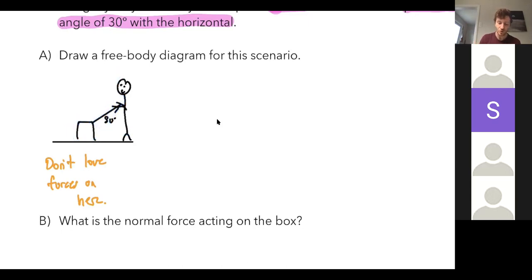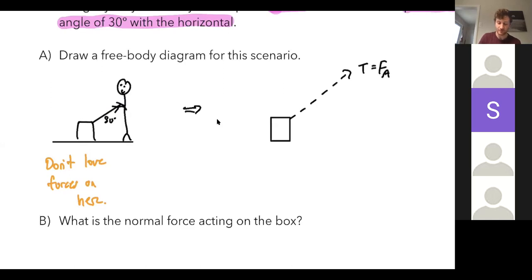So we can simplify things a lot nicer by making our box like so. You can put your dotted line. I'm going to call this tension, which is just my applied force.